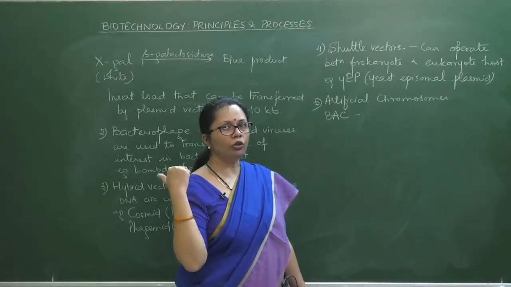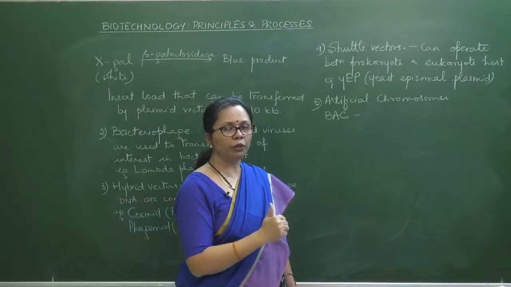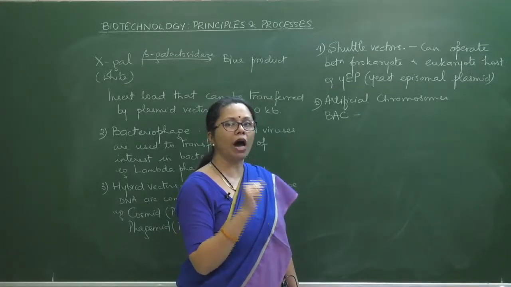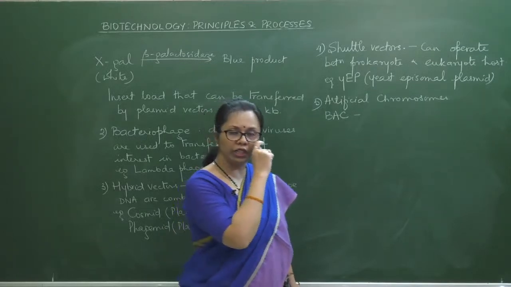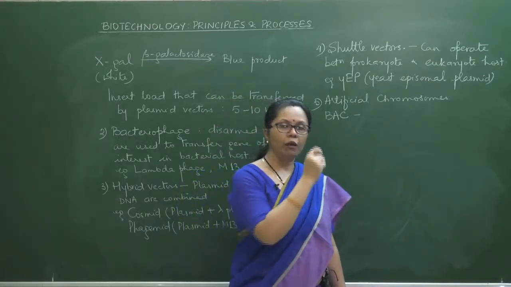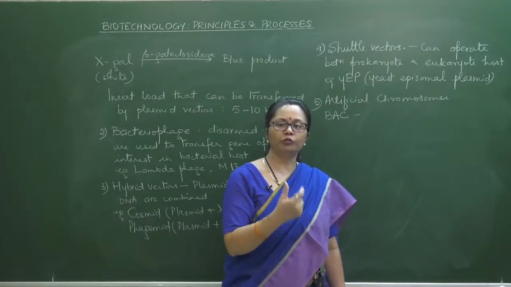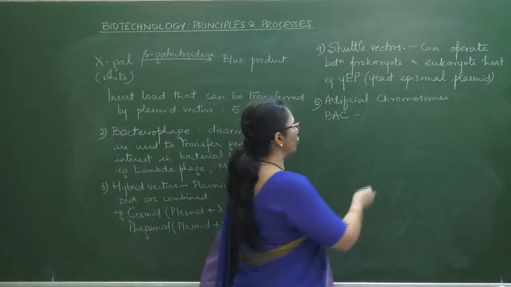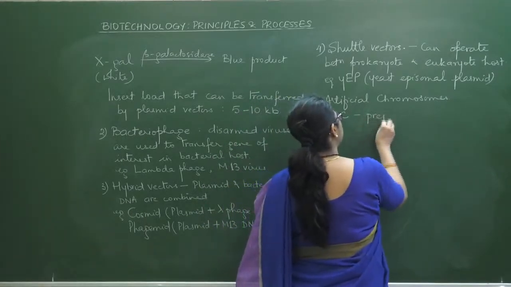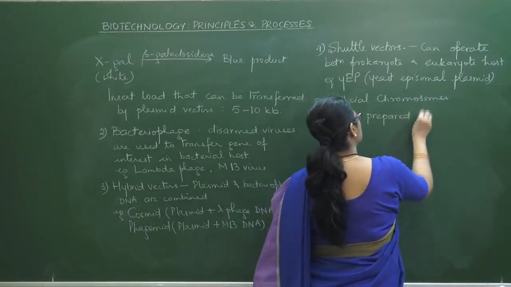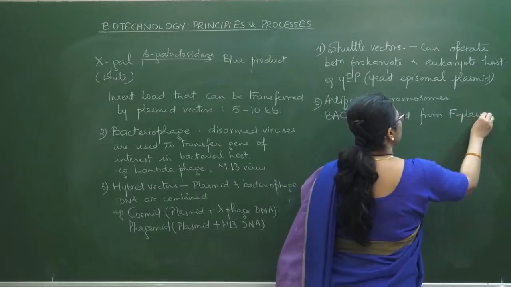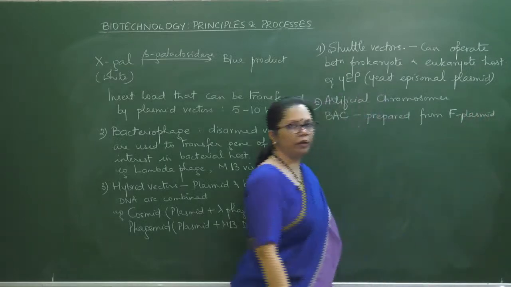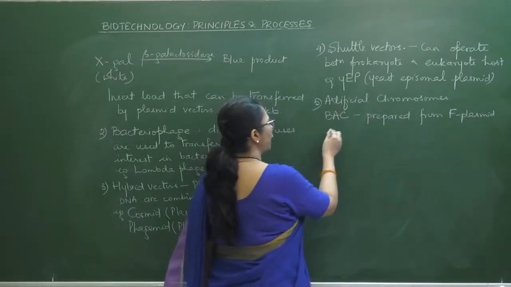Up till now, the plasmids that we mentioned, pBR322 and all, were prepared from R plasmid, the plasmid in which the antibiotic resistance gene is present. But this one is prepared from F plasmid, which has the fertility factor. These have more load capacity, so they can carry more insert.